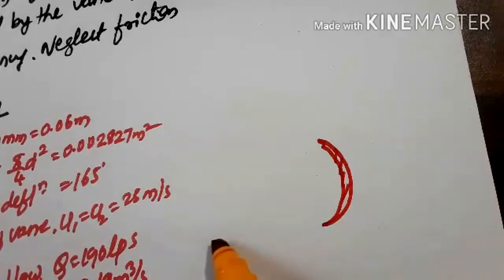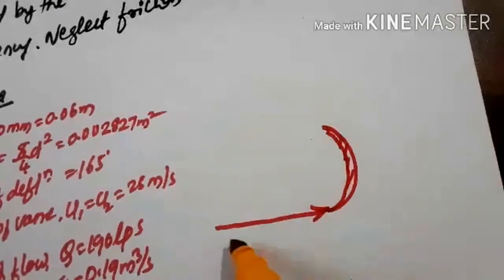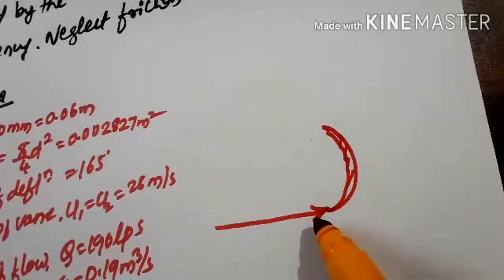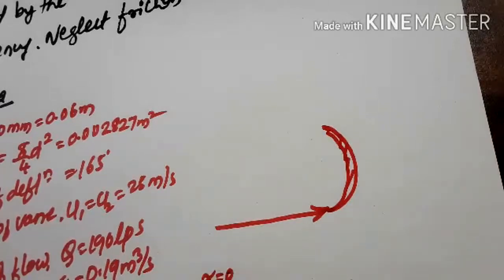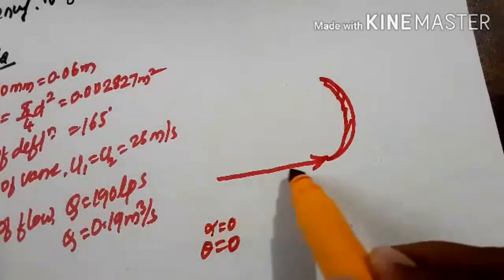At inlet, the jet is entering tangentially into the blade passage. Since it is entering tangentially, the angle made by the jet at the inlet will be 0. So here we need to consider alpha equal to 0 and theta equal to 0. Both are 0 here, so the velocity triangle will become a straight line.